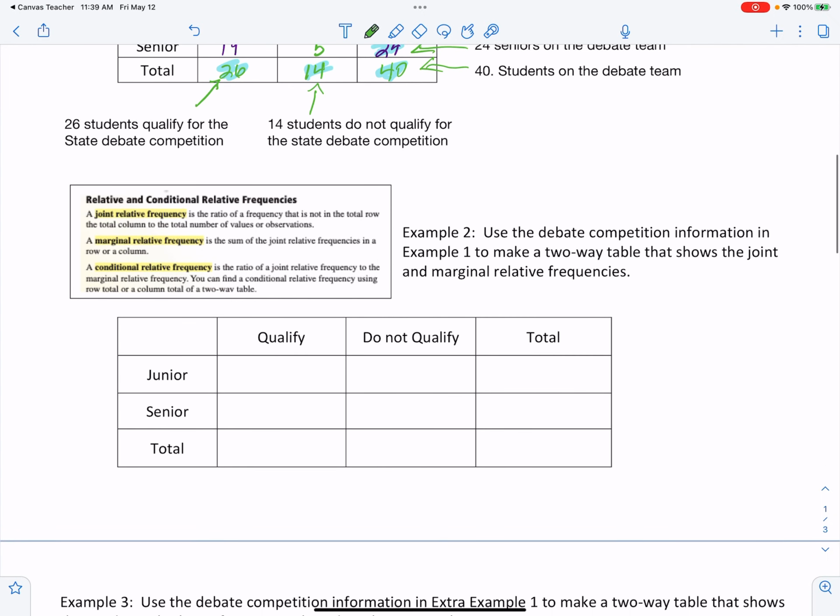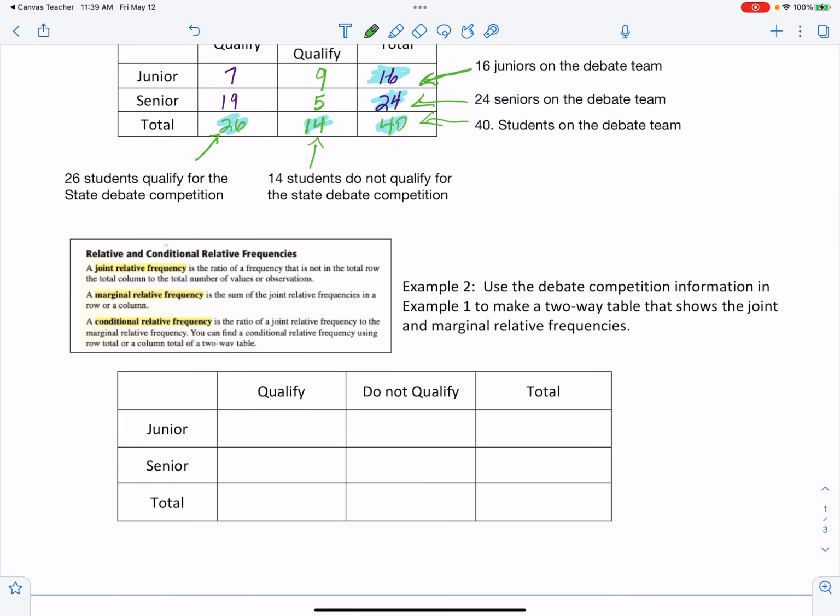All right, so now we're going to relative and conditional relative frequencies. And here we're going to make it relative to the overall amount. And so there are 7 out of 40 juniors. So we're going to make it a decimal so we can see the likelihood, and that makes it relative.